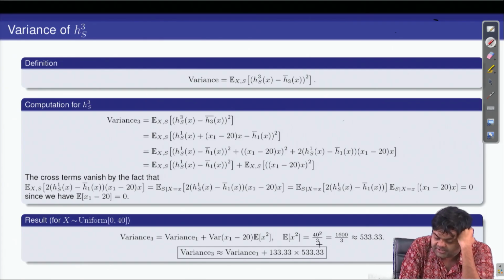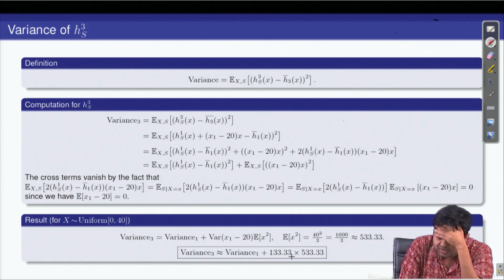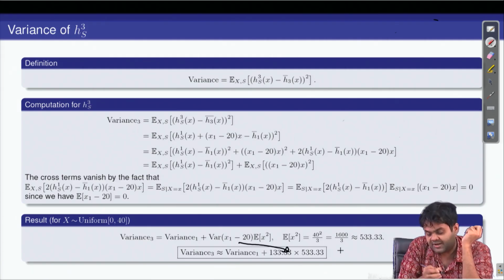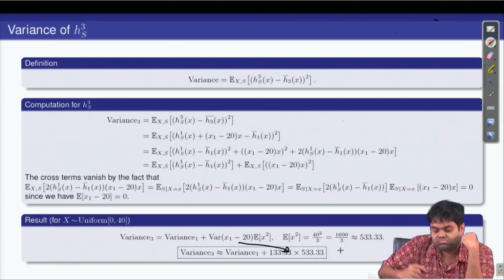This is 40 squared over 3, and this value is also pretty high. So this comes out to be 133 times 40 squared over 3, because it's a uniform minus 20, 20, uniform over a spread 40 interval. So that gives you a fairly high variance.